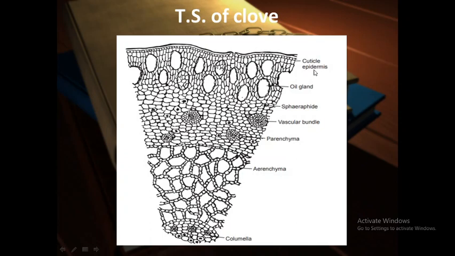This epidermis contains a single layer of straight wall cells with anomocytic or ranunculaceous stomata, an important characteristic feature of this epidermis.